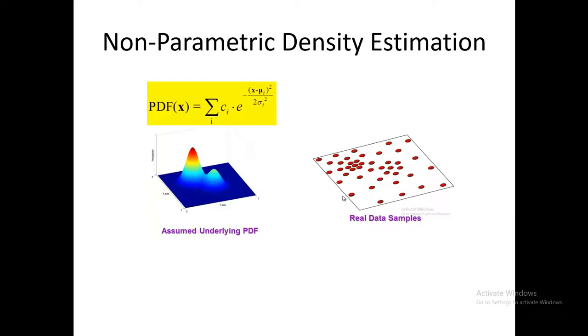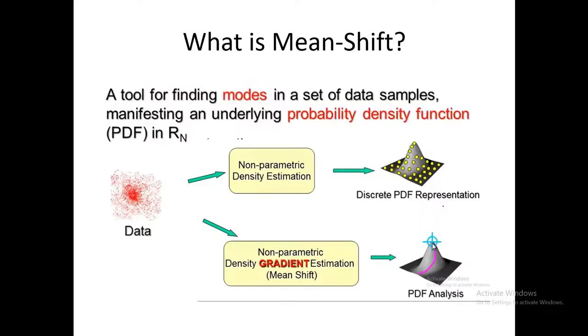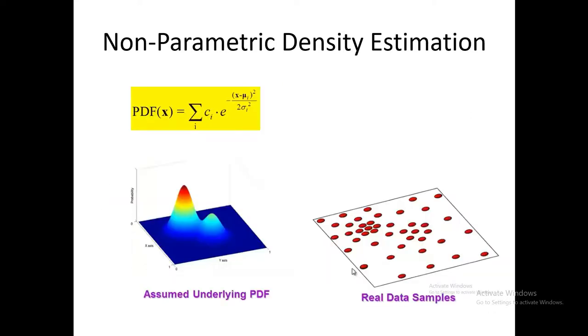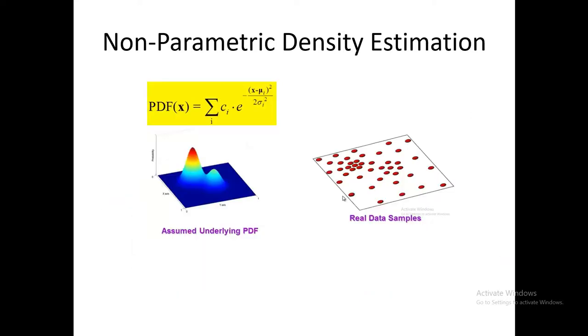Now what we want to do is use this mean shift and find the gradient of this distribution. So essentially we will find the peak of the mode.